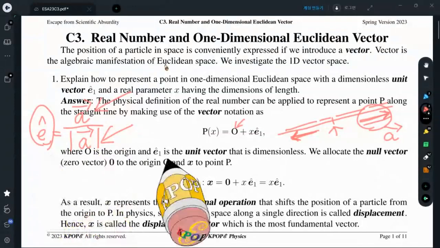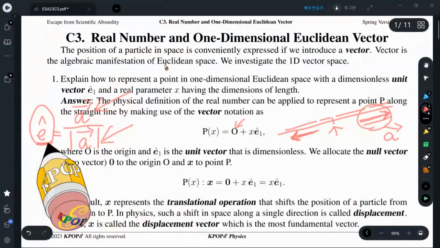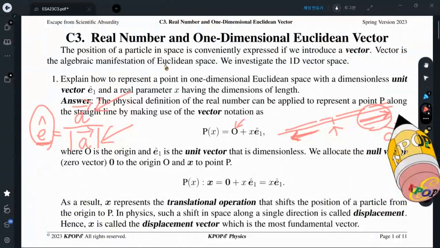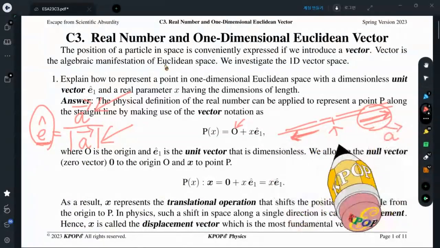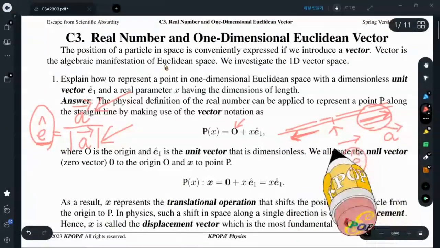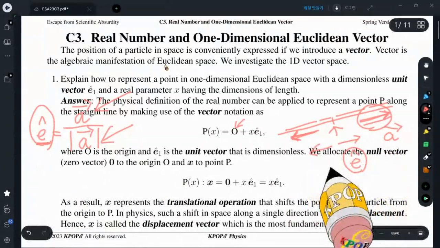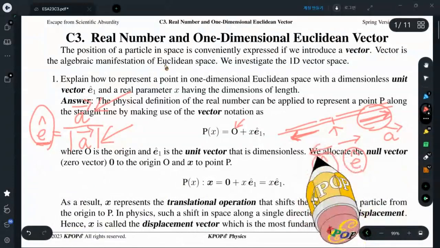Okay, so I can choose a unit vector along this direction. Another choice can be to the left. So it is possible to choose a unit vector along this direction, and another way is to choose E hat to the left.